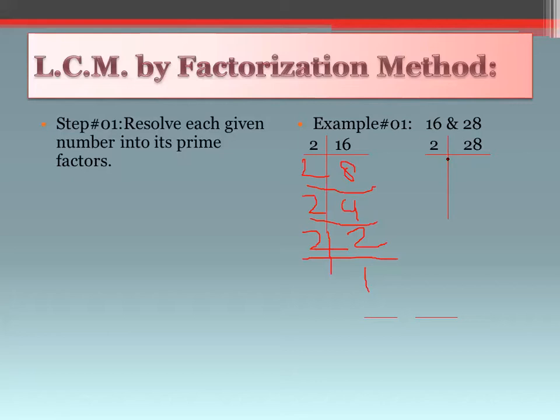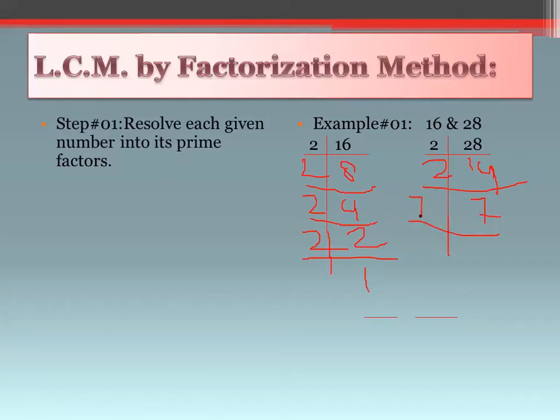In the next step you will divide the number 28 by using prime factors. So 2 into 14 is 28. Here you have 14, so you can divide this 14 by 2. You can divide it by 7, but you will always start from the lowest number. So 2 into 7 is 14.